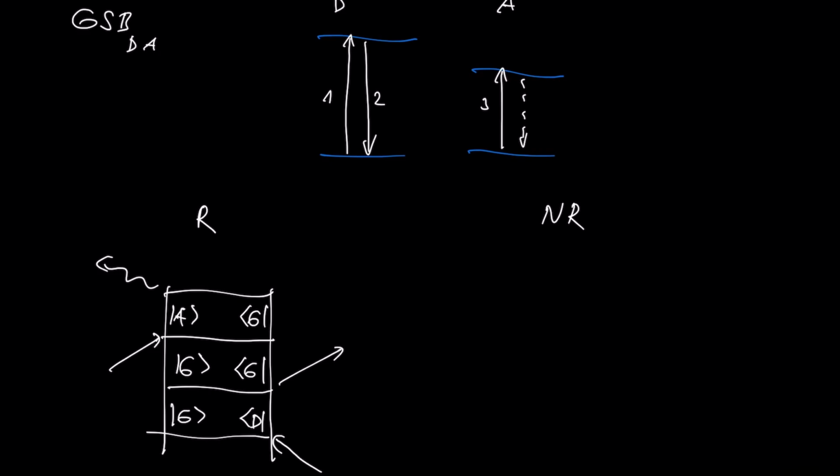So this is clearly non-rephasing because it has evolutions e to the minus i omega AG T here and plus i omega DG tau. That's what's making it non-rephasing, and it's a ground state bleach because the middle interval is in the ground state.